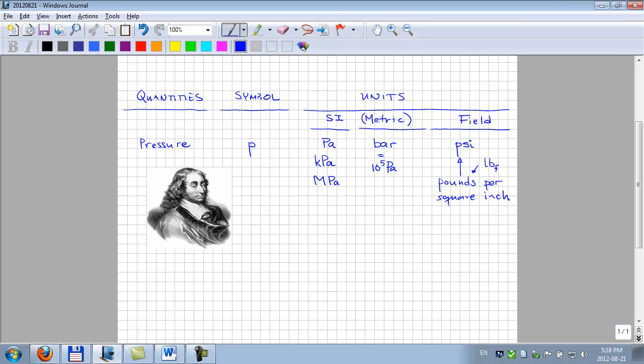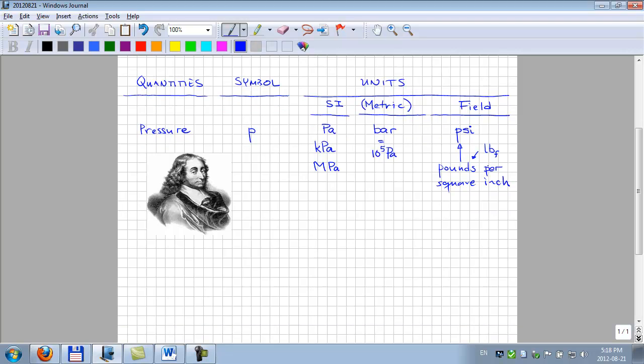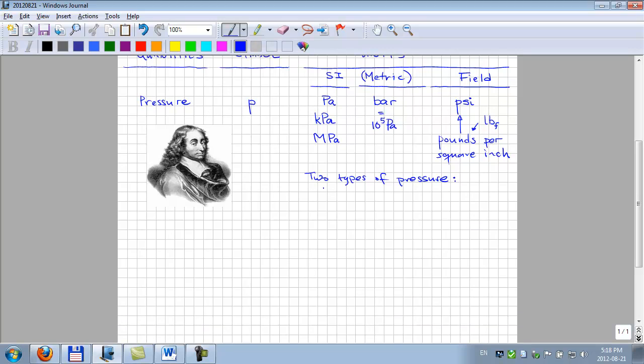So anyway, aside from that, we have two types of pressure that we use in the petroleum industry. One is the most normal, which is what most people use. We refer to it as the absolute pressure.